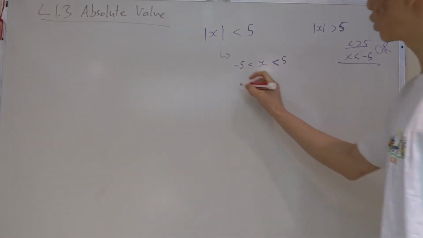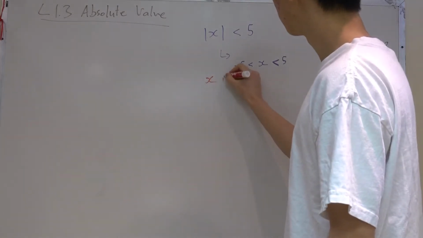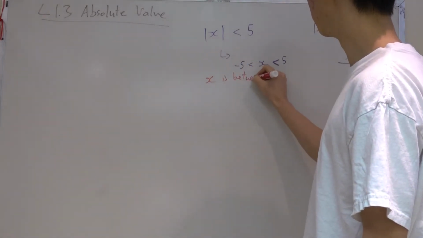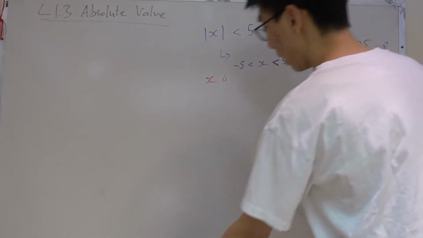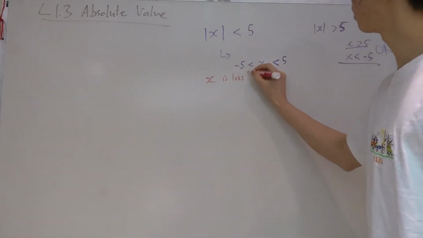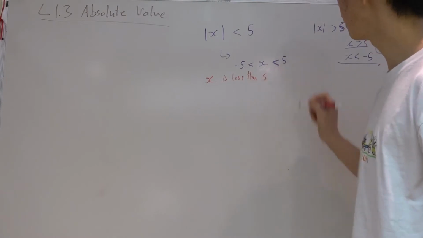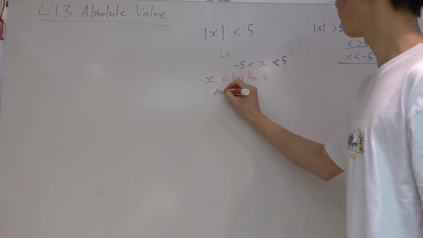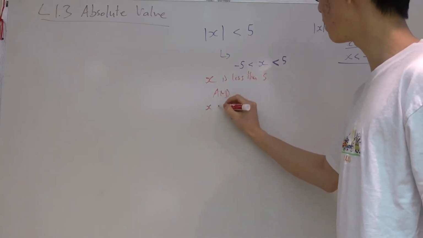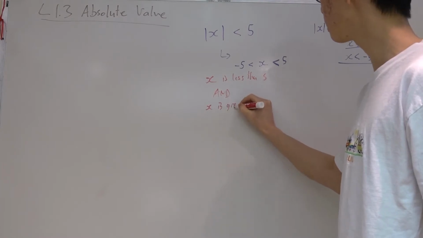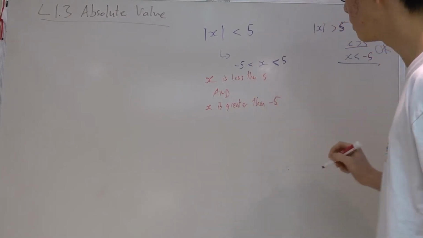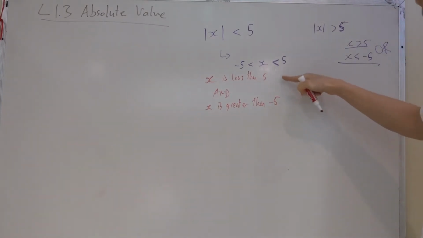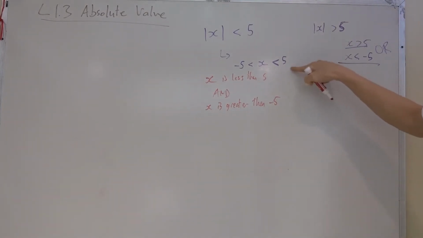So here we have a condition that says x is between, actually let's do less than first. x is less than 5, and at the same time x is greater than negative 5. Okay? Now, this is the exact same thing as what I've written in purple here.